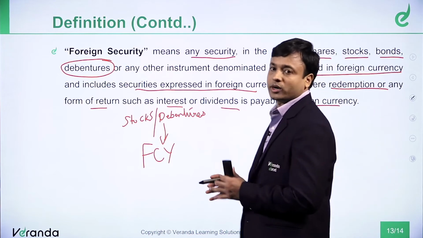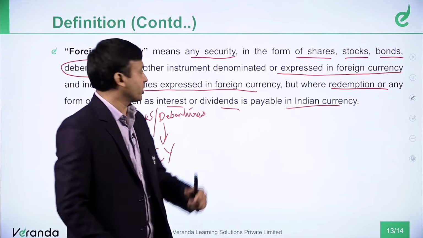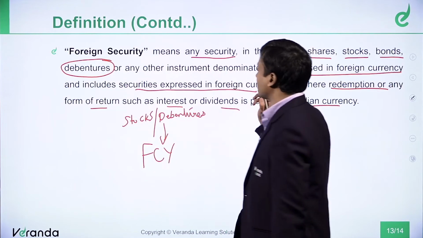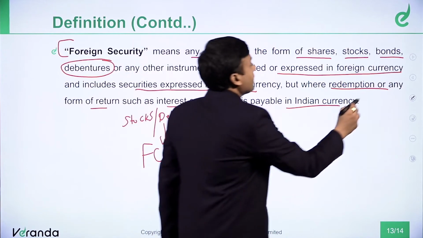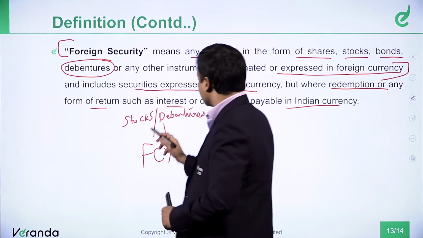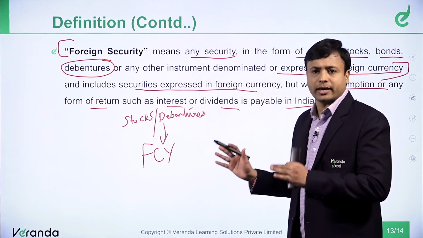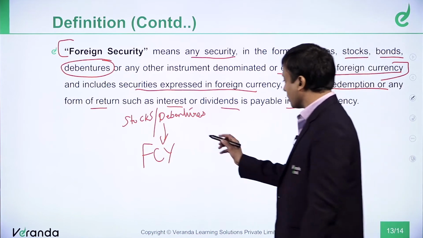Let us try to understand this in simple terms. The first leg of the definition starts from here and ends here. This we understood clearly: stock, debentures or any form of security denominated in foreign currency.